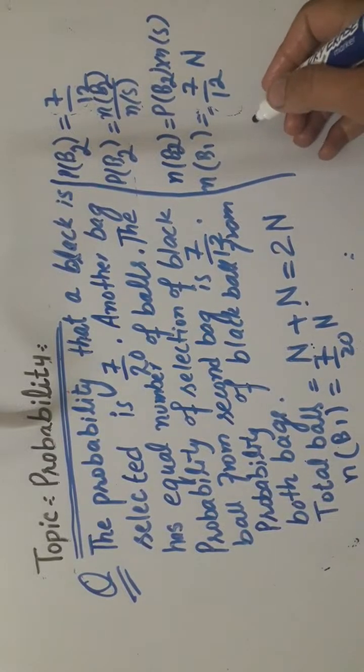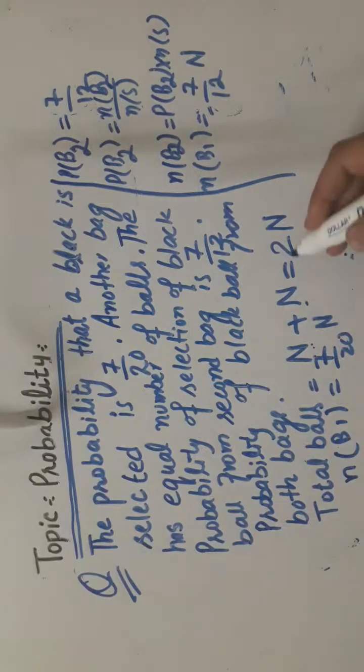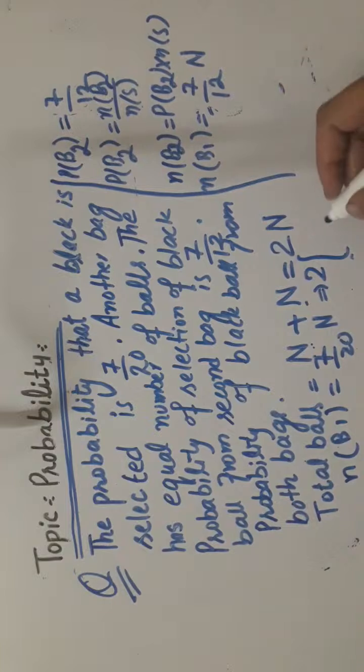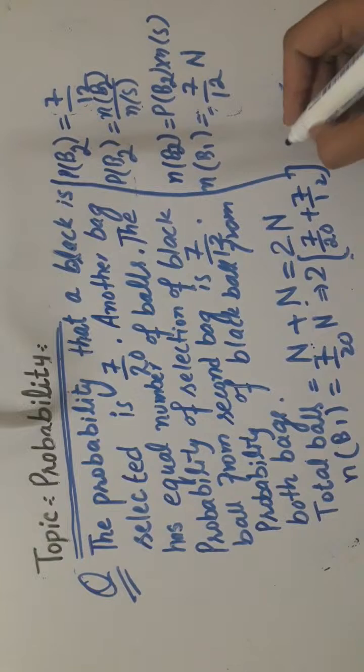Now, we have two quantities. We will add both of these to get the value of the favorable balls. So this will become 2n means 2 into, no, n times 7 by 20 plus 7 by 12. Take the LCM of this.